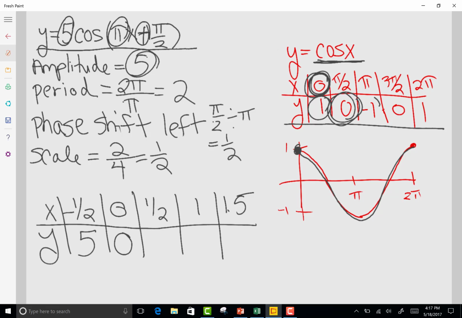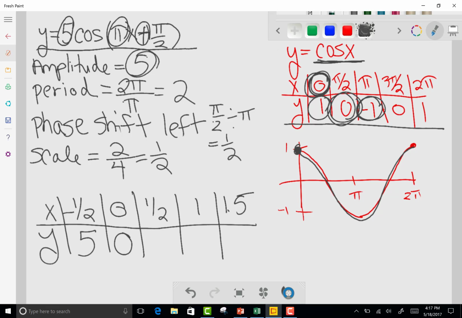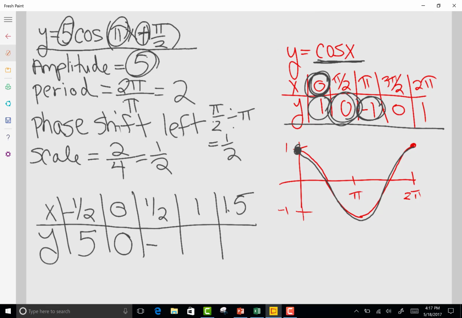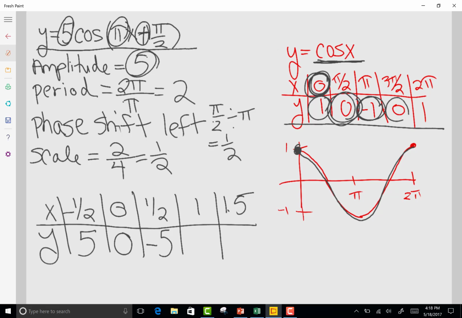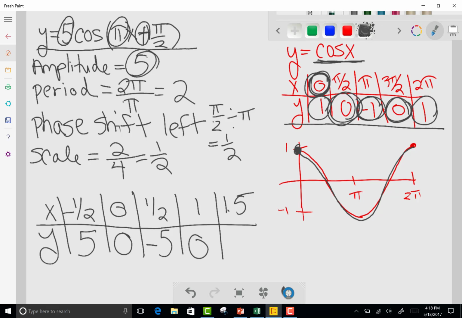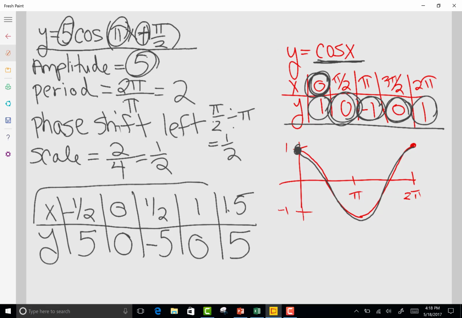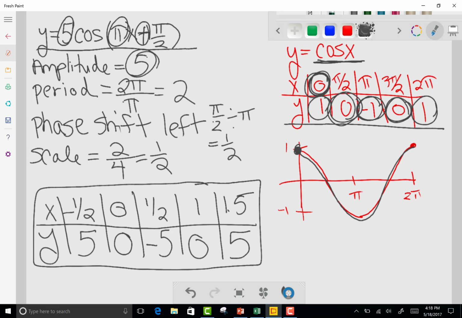Then for the next point, the center point, we dip down to the minimum point. Because our amplitude is 5, that's going to be dipped down all the way to -5. Then we come back up to the x-axis, which is 0. And then lastly, we come back up to our maximum point, which in this case is 5. So here are the points that I need to use to graph my translated function.